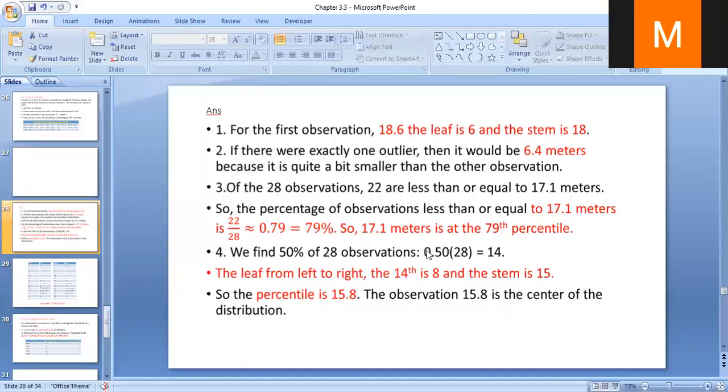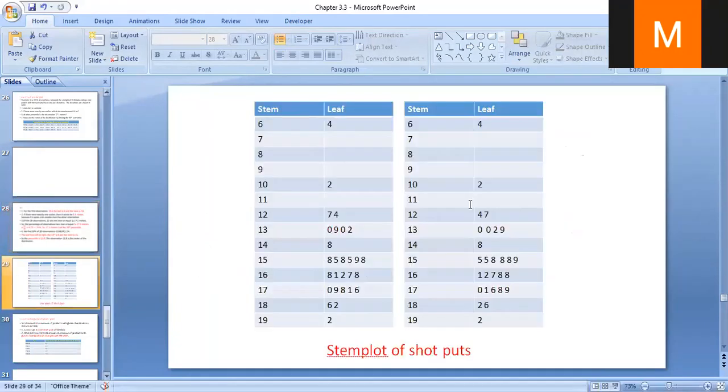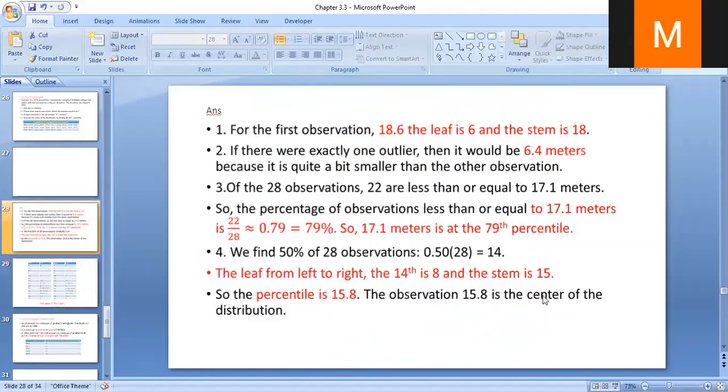Now you multiply by 0.5, total 28, that gives 14, and then you count the leaf 14, and then you go back to the stem, 15.8. So the 15.8 is the center of the distribution.